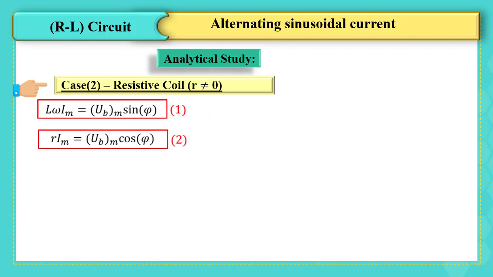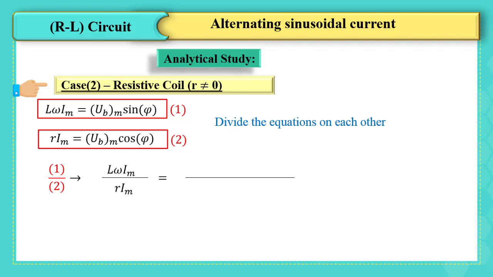Divide the two equations on each other to obtain L omega Im over R Im equal to Um sine phi over Um cosine phi. So after reducing, the equation becomes L omega over R equal tangent phi.